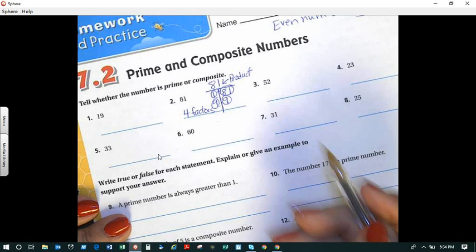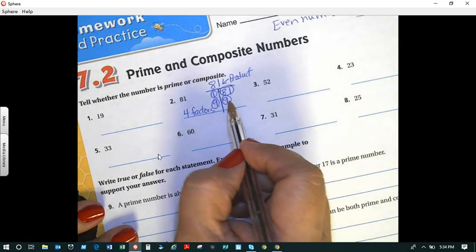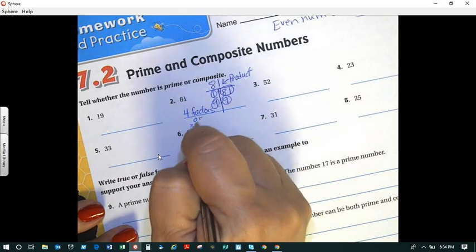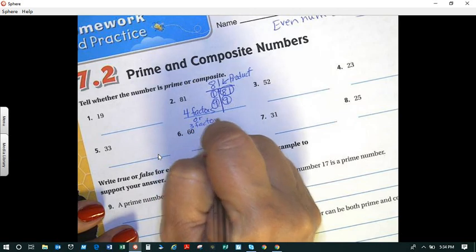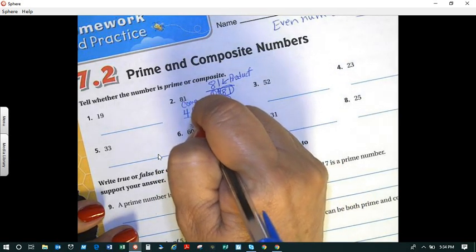If you had a 9, we knew that 9 times 9 is 81 because they're the same. So you can say 3 factors. And this makes it a composite number because it is greater than 2.